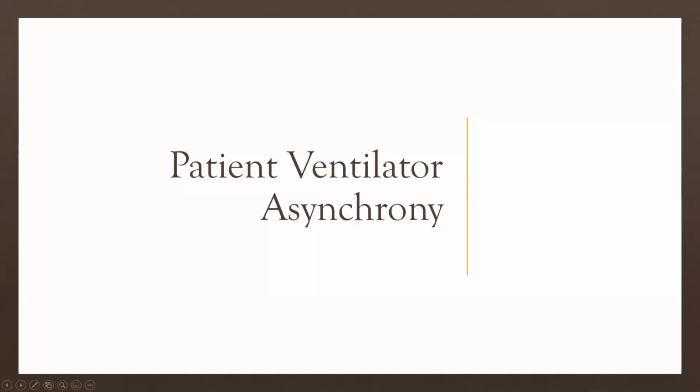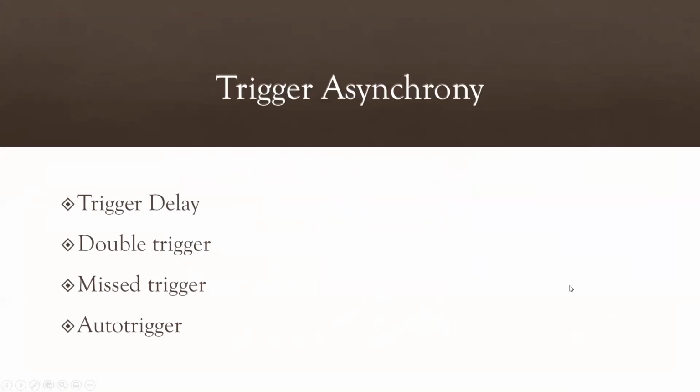And then this came from Egan, chapter 48. And it lists different patient ventilator asynchrony. It's got something on 4 different slides, but I think it's familiar to you already. All right, so the first one is trigger asynchrony.